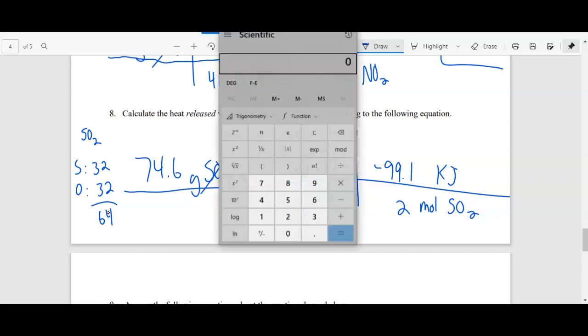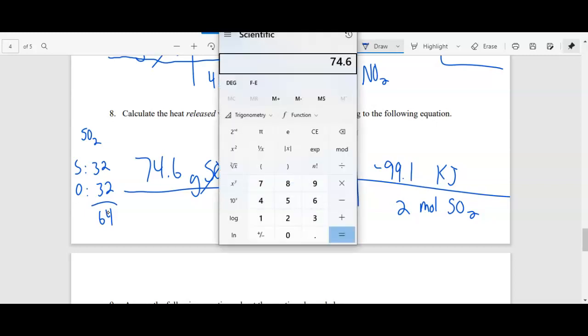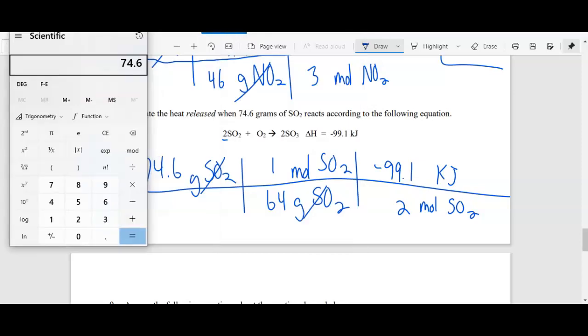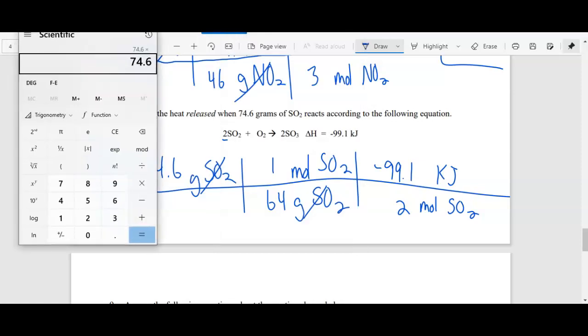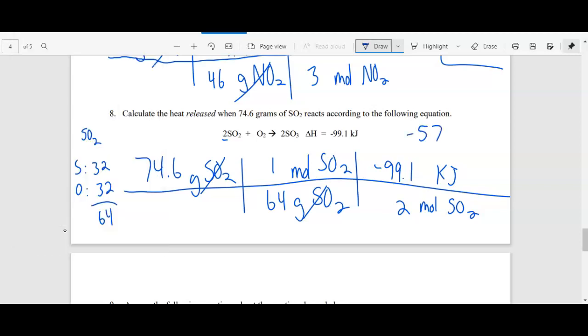We multiply the top: 74.6 times 1 times negative 99.1, divided by 64, divided by 2, and we get negative 57.75. We can go ahead and round that to negative 57.8. Negative 57.8 kilojoules. Once again, it's negative because we're releasing heat.